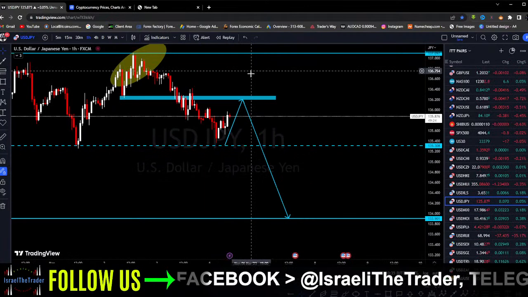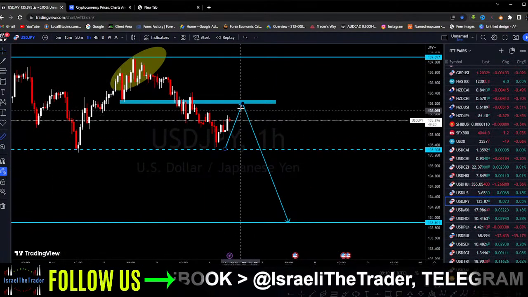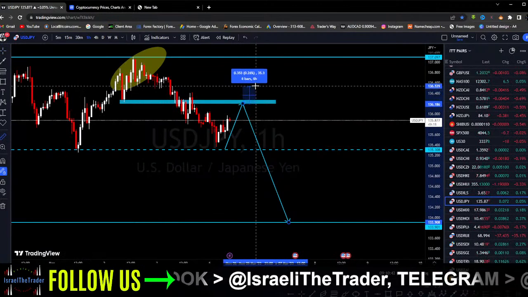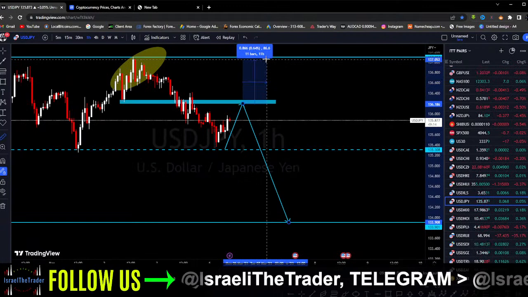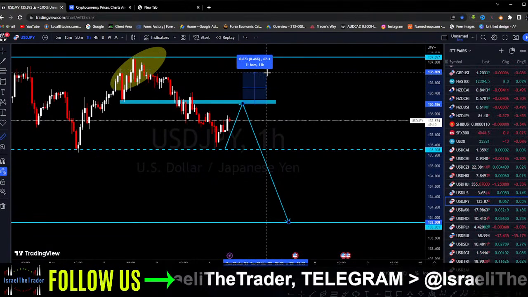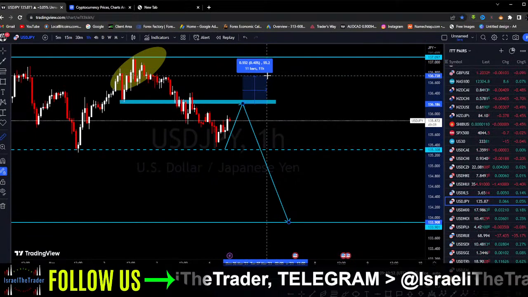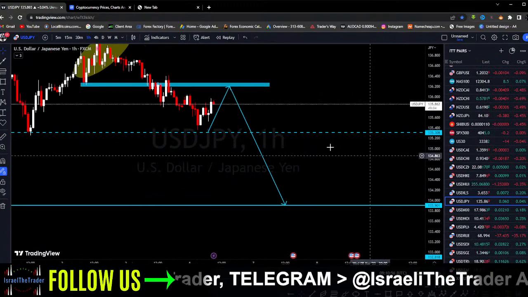Your stop loss is going to be above this level here. You're going to be risking about 50 something pips. It's supposed to be up here, but it's going to be a big stop loss, so you can risk like 60 pips on this trade and ride it all the way to the downside.